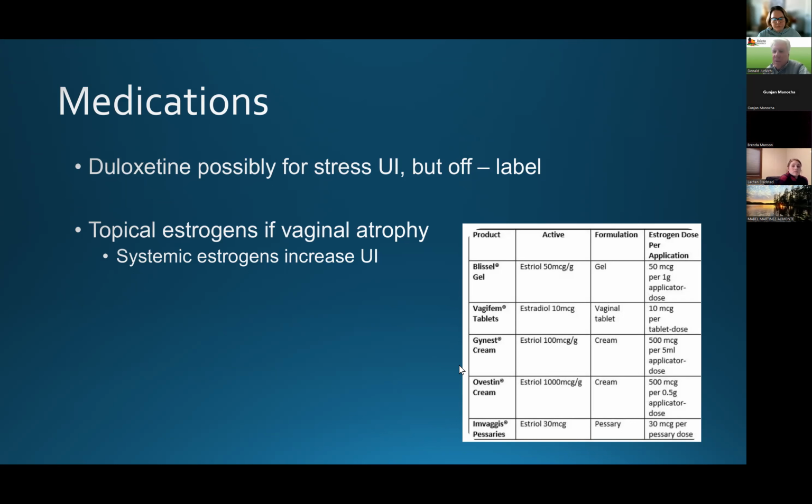There's gels, pills, there's even estrogen-laced pessaries for people with pessaries. And compliance is an issue too. So you prescribe them, and the patients don't always persist with using them.